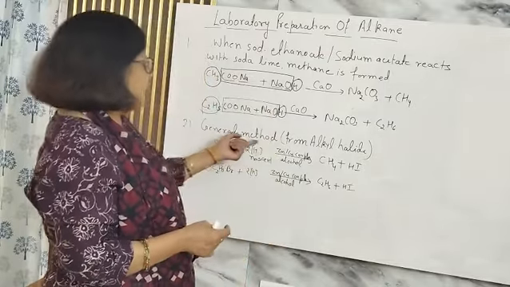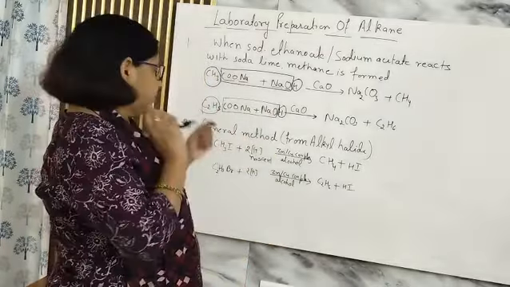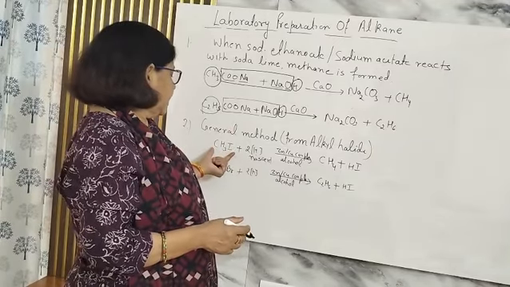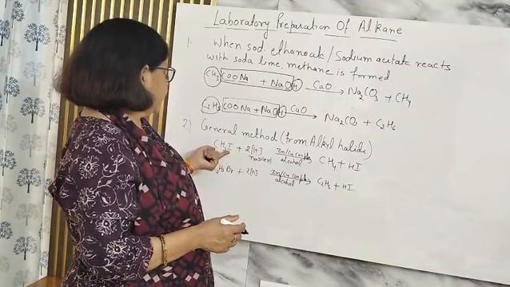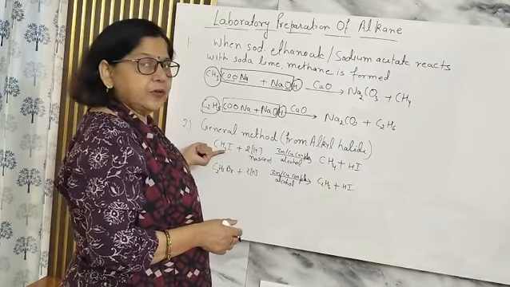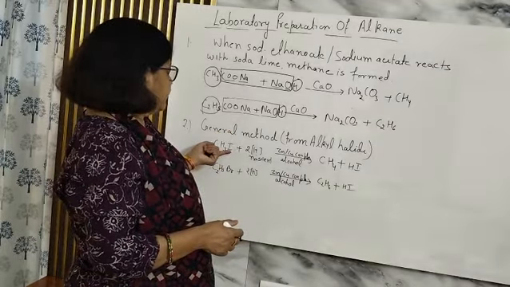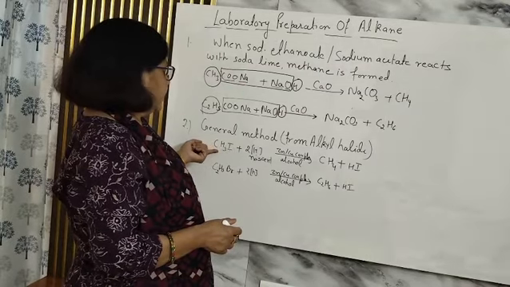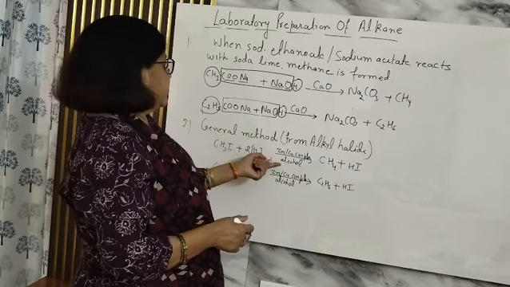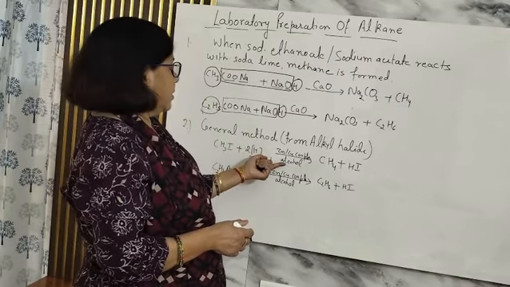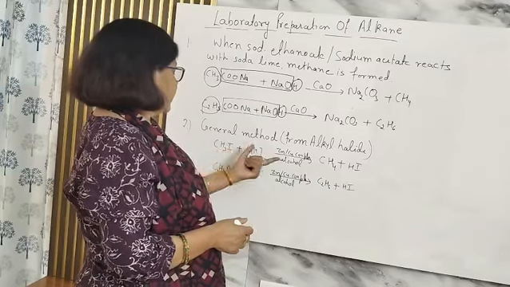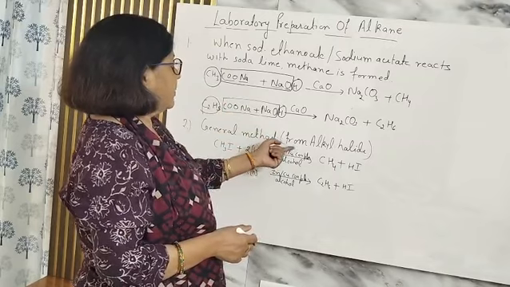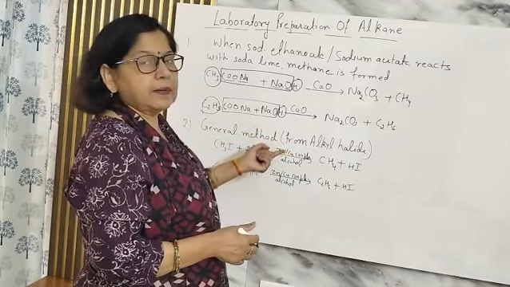Then the next general method of preparation. In that we take the mixture of what? Alkyl halide. Alkyl halide means the alkyl group is methyl group here, halide means iodide is here: methyl iodide or iodomethane. When it is kept with alcohol, the mixture of these two things, alkyl halide and alcohol, is dropped over zinc copper couple. In a beaker, zinc copper couple is kept.